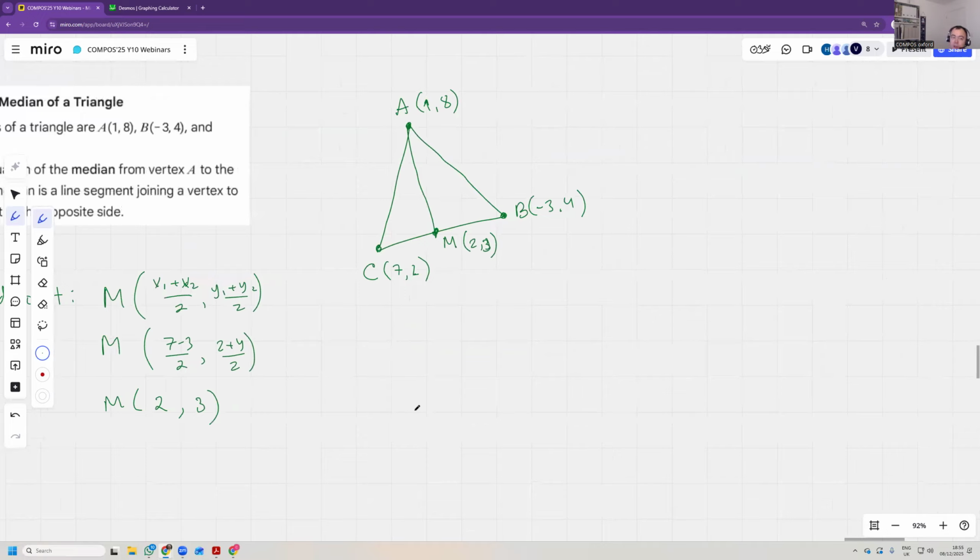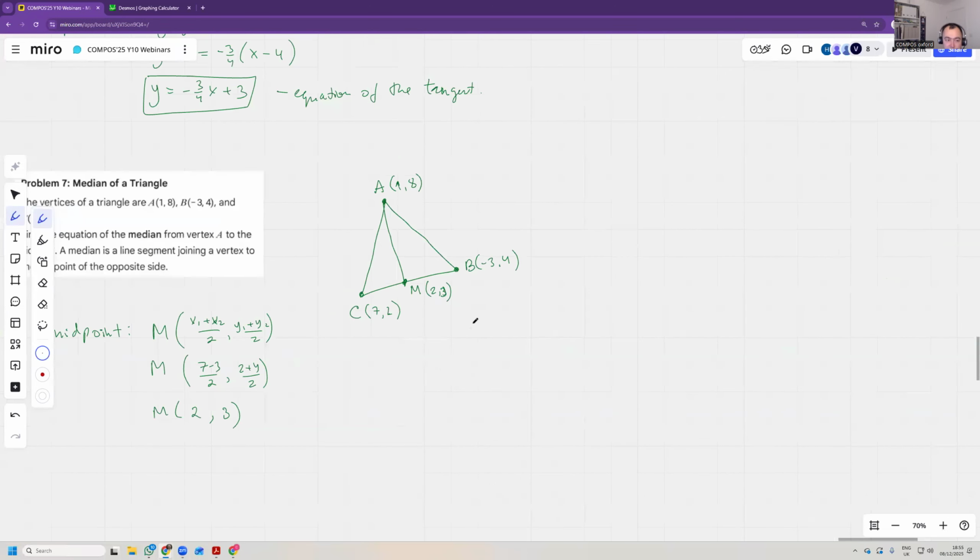Well, there's another clever equation you could use for a line passing through 2 points.